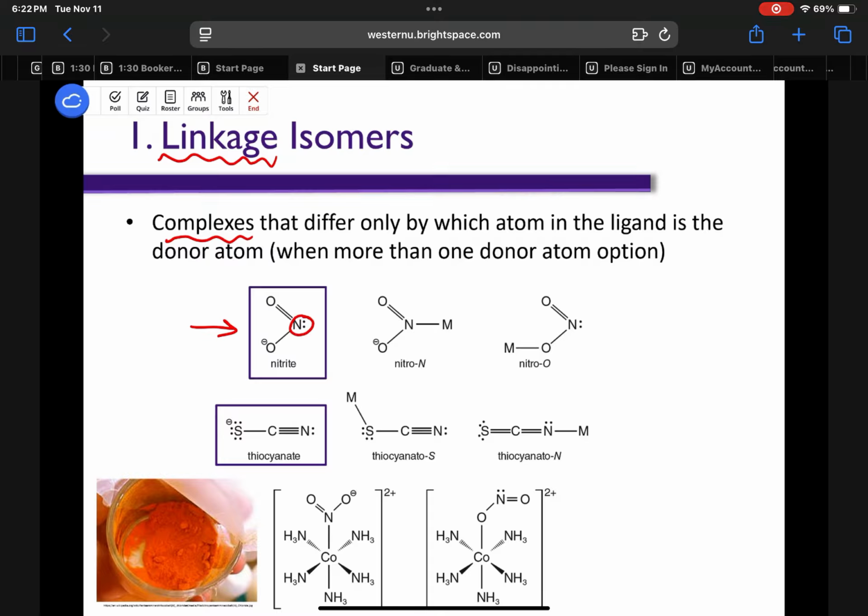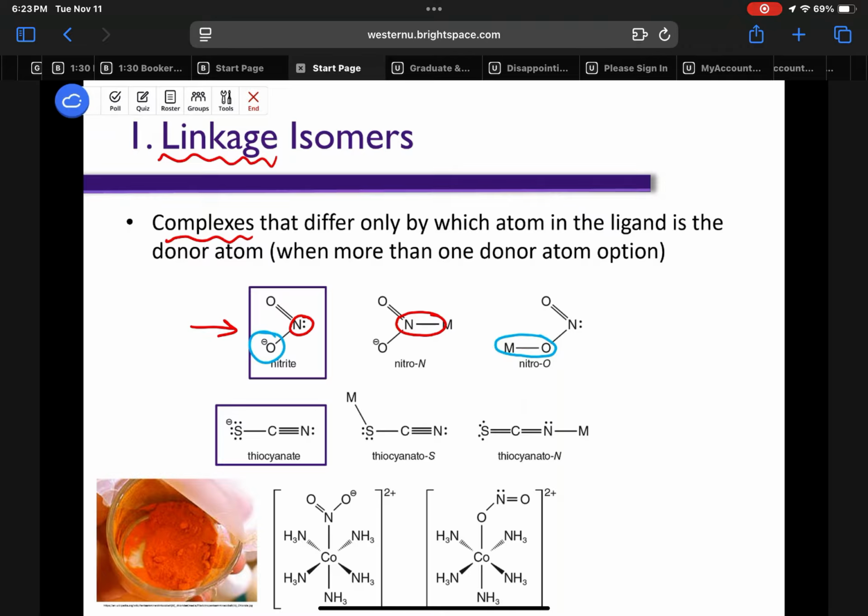It could donate that lone pair of electrons to an orbital in the metal cation, form a complex covalent bond, sort of like ionic, sort of like covalent, and it could combine with nitrogen being the donor atom. Alternatively, we could have the oxygen behave as the donor atom, where the metal connects with the lone pair of electrons on the oxygen atom.